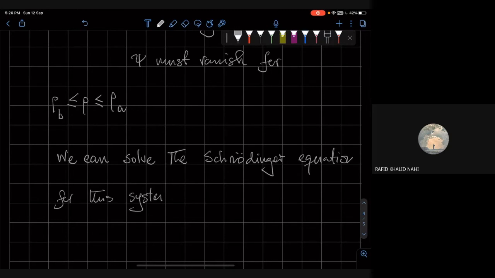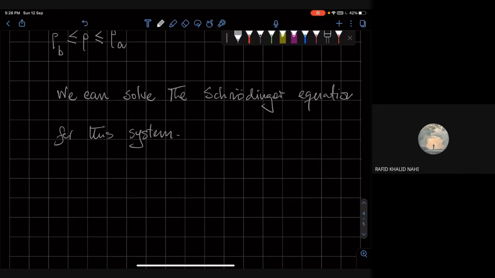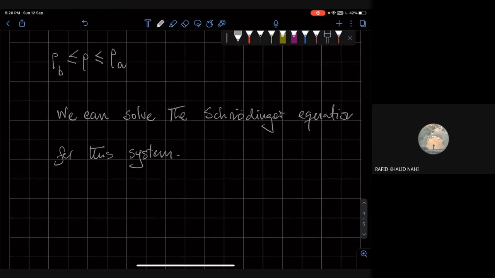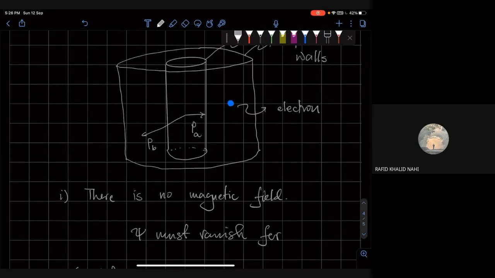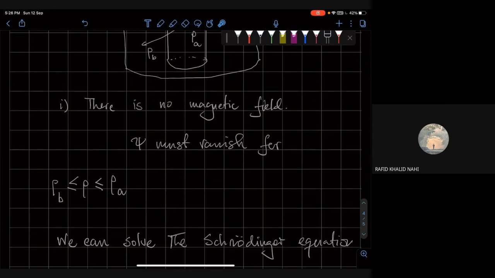Now, even though it's a charged particle, what we have to solve is essentially the free Schrodinger equation with this boundary condition, right? Because there is no electromagnetic field.